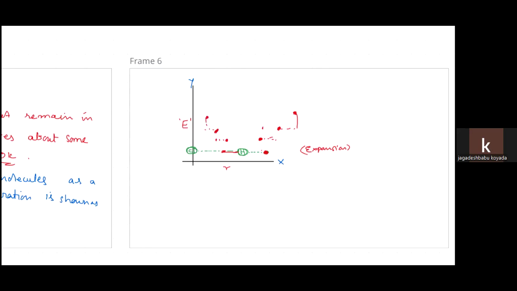Combining these points, we get a parabola. It looks like this.